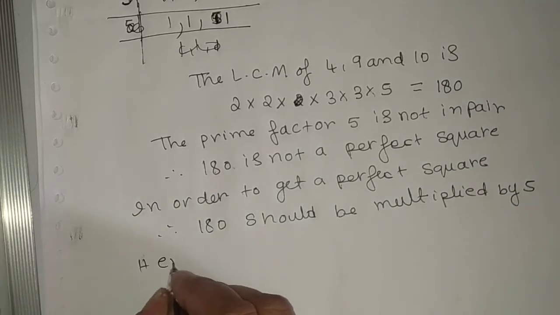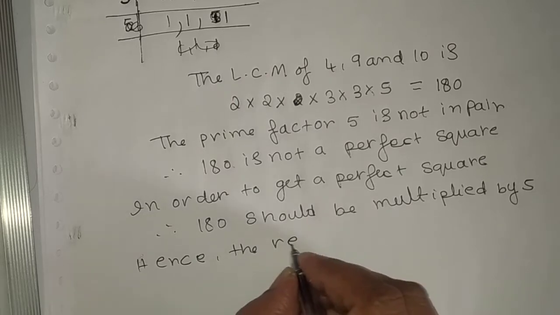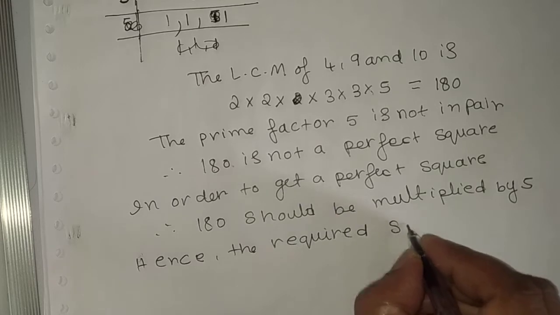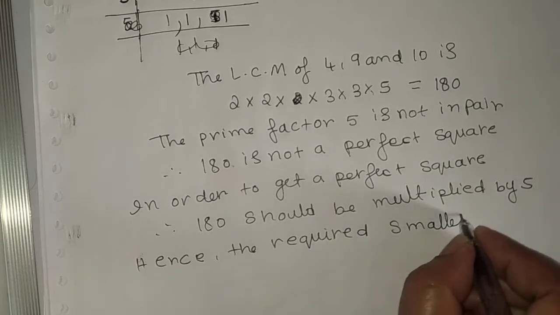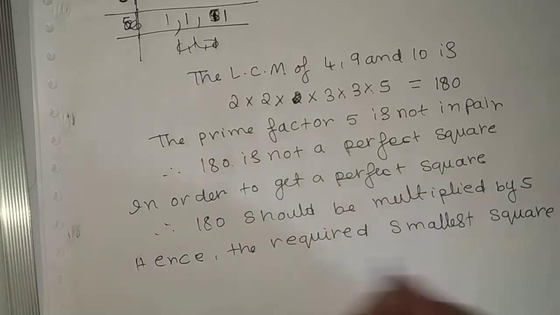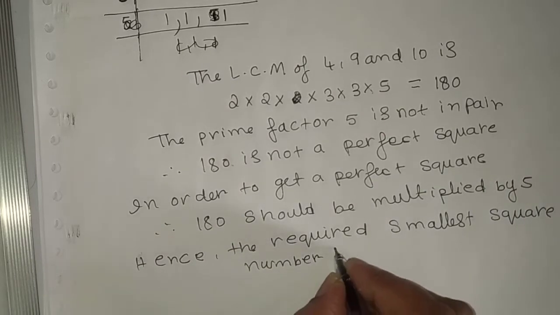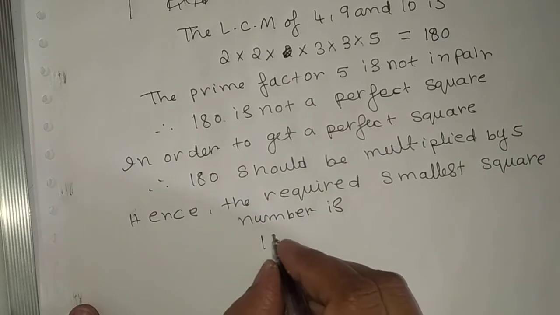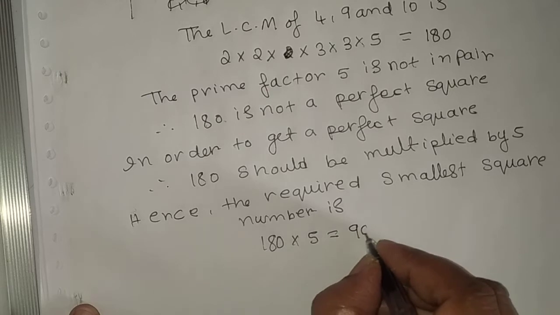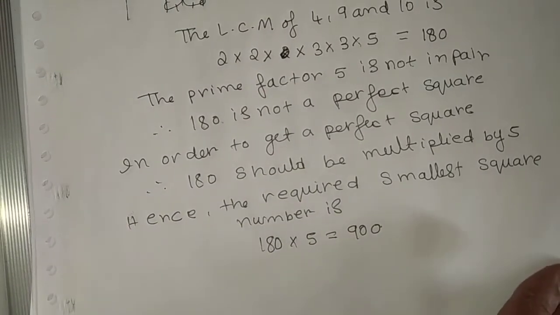Hence the required smallest square number is 180 into 5, which will be 900. So this is the solution for this 9th problem.